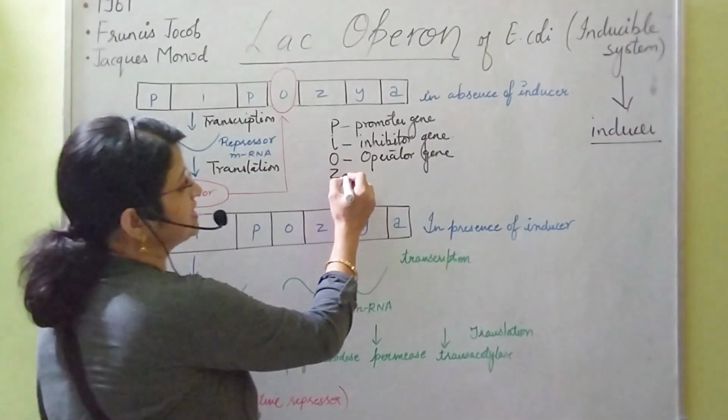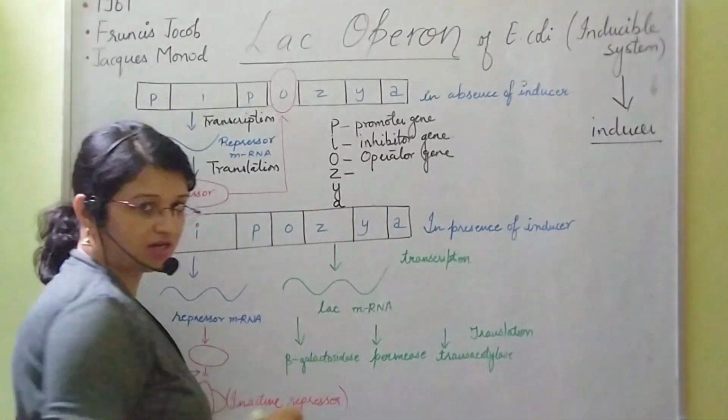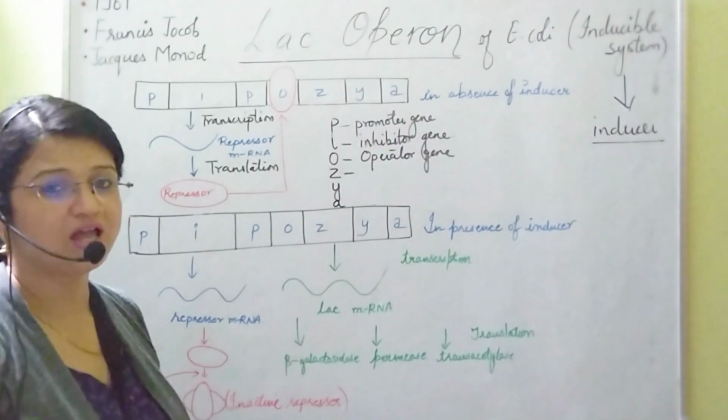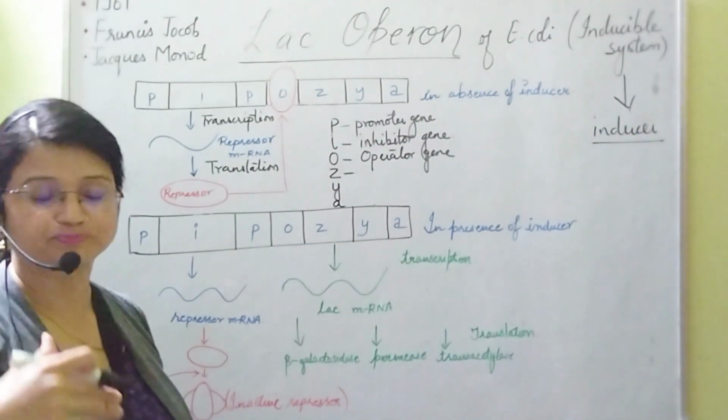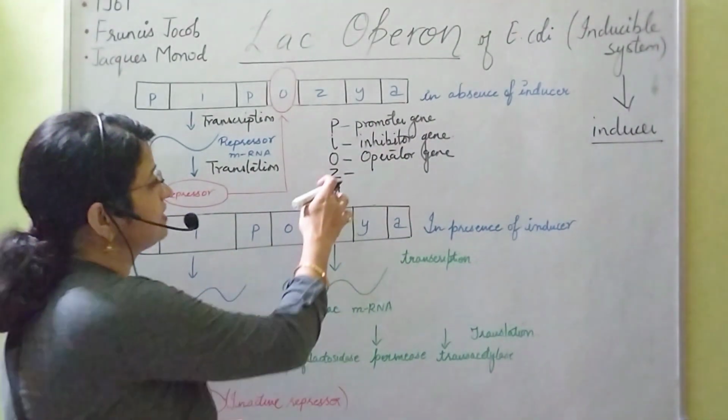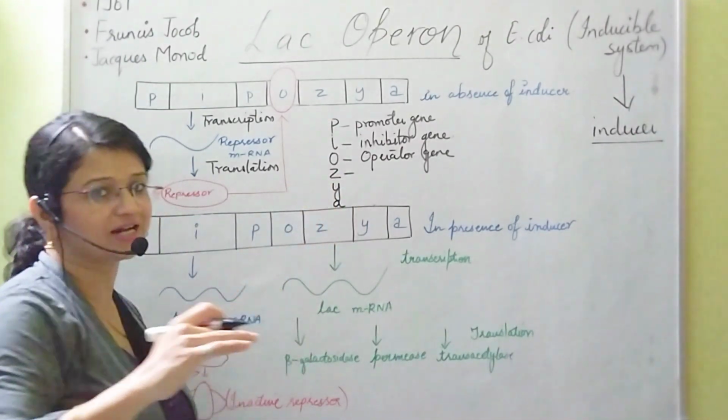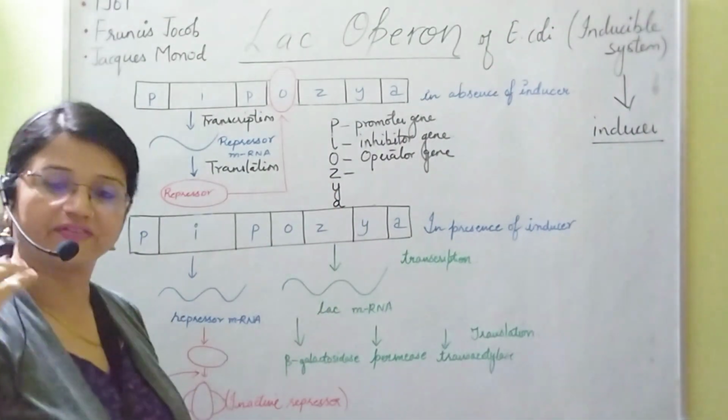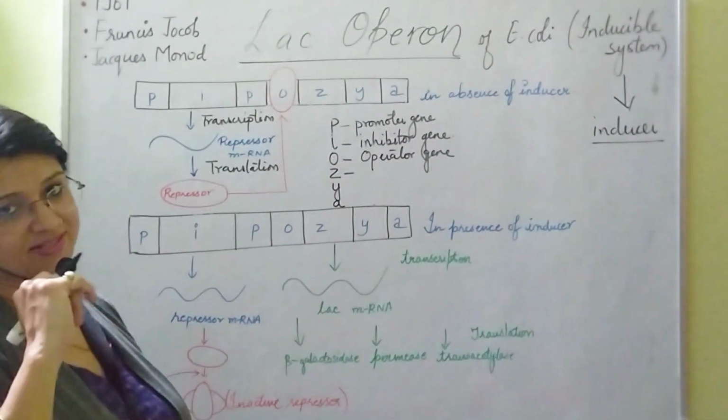Next is gene Z. This gene Z undergoes transcription and produces the messenger RNA. All of ZYA undergo transcription and then translation and produce enzymes.